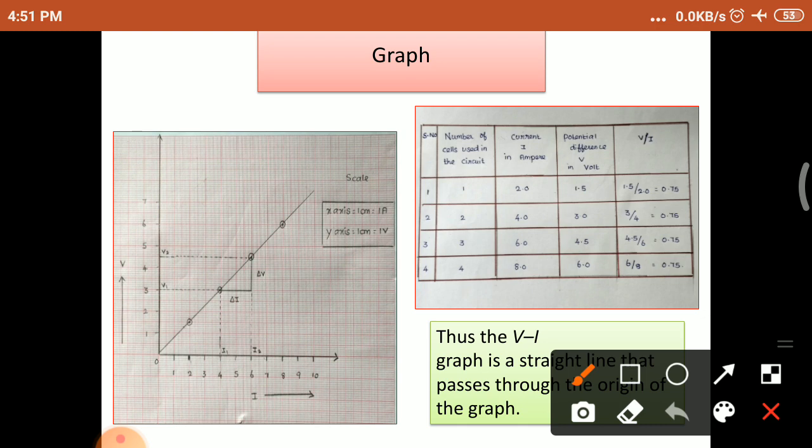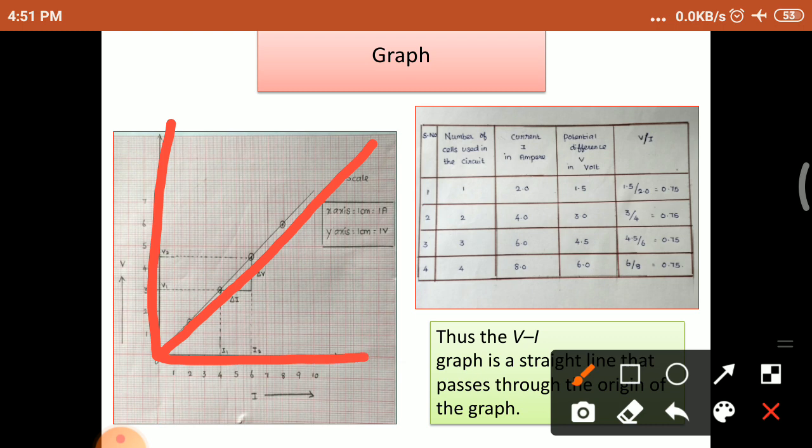After marking the points, I get a straight line. So from this we can say that the potential difference is directly proportional to the current. If you plot a graph between V and I, you get a straight line.